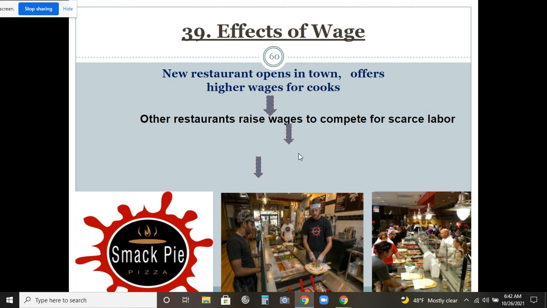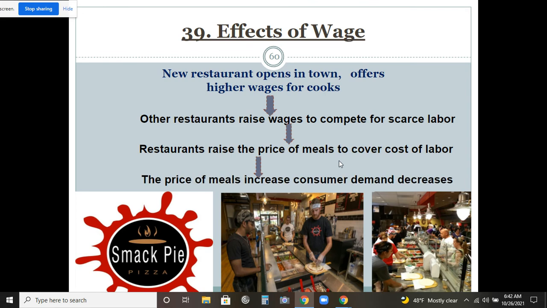But the downside of this, those raises are going to be passed on to the consumers through price increases. So restaurants are going to raise the price of their meals to cover these costs of labor, and then the price of meals increases, consumer demand decreases, and so fewer people go to restaurants, and so they need fewer cooks. So it's kind of like this cycle.